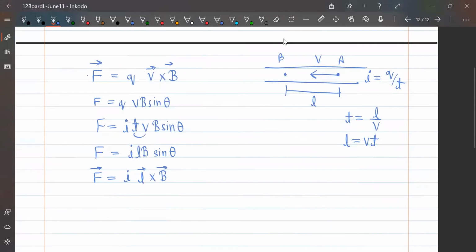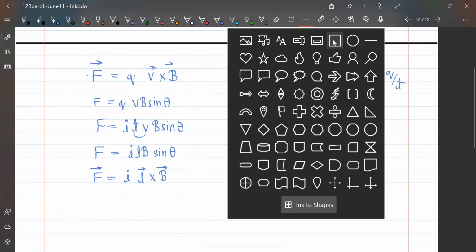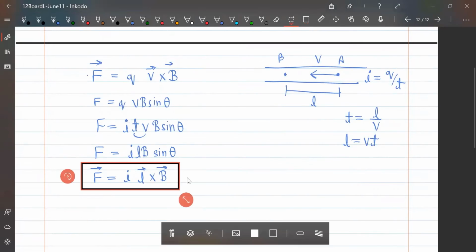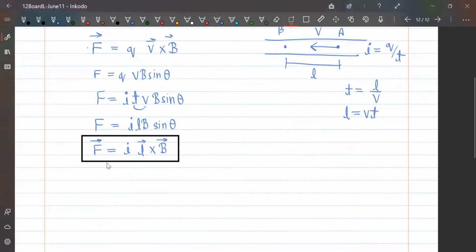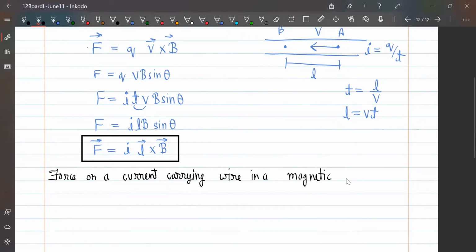So this formula gives us, derivation is not important. I'm just showing you that from the force on a charged particle we can get the force on a current carrying conductor. So this formula gives you the force on a current carrying wire in a magnetic field. In a current carrying wire also charges are moving, and due to that there will be a force.